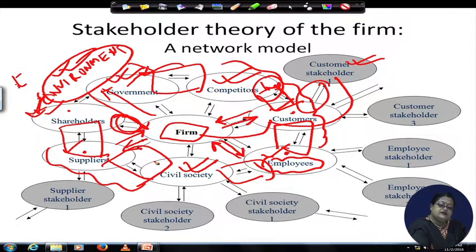So this impact can be both positive, if I am doing my business in a socially responsible way. So these ripples will be positive ripples which will spread across the stakeholders and develop a positive reputation for the organization.